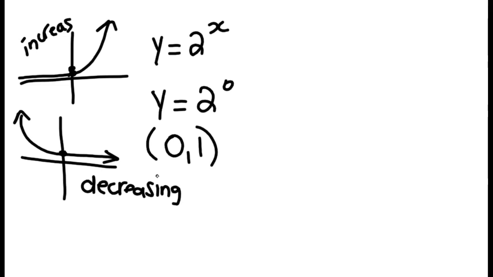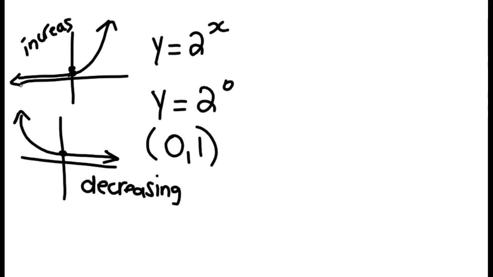The domain for our exponential equations is all real numbers because it just goes from the far left all the way to the far right. It doesn't end. And then our range, you'll notice it doesn't cross the x-axis, sorry. So it doesn't touch it either.